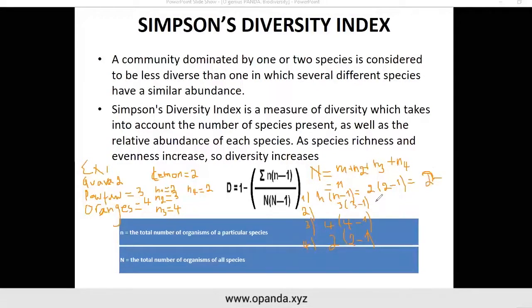For the second case, it will be 6. For the third case, it will be 12. For the last case, it will be 1. Then I find that the concept of the summation of n(n minus 1) will be the summation of all those found numbers.